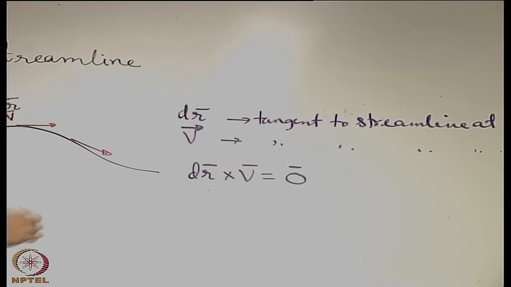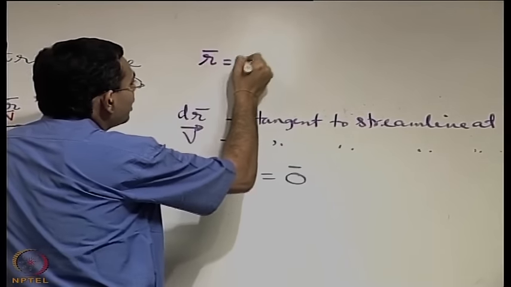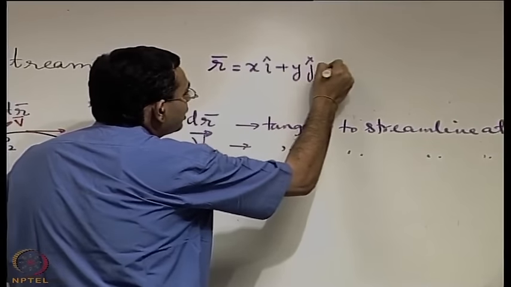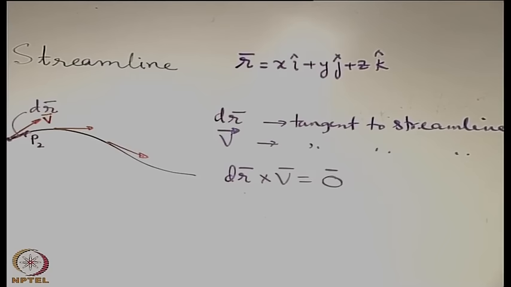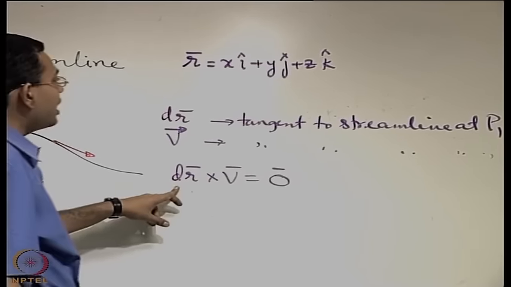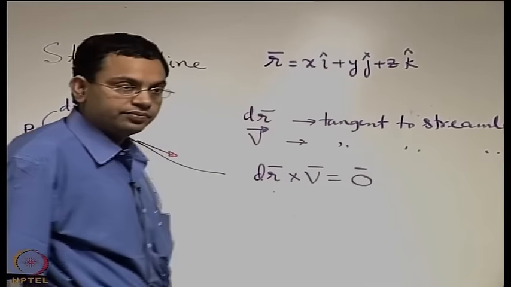So we can write dr and V in terms of components. You have r as, how do you write r? xi, yj and zk, where i, j, k are the unit vectors along x, y, z. So you can write dr as dx i plus dy j plus dz k.